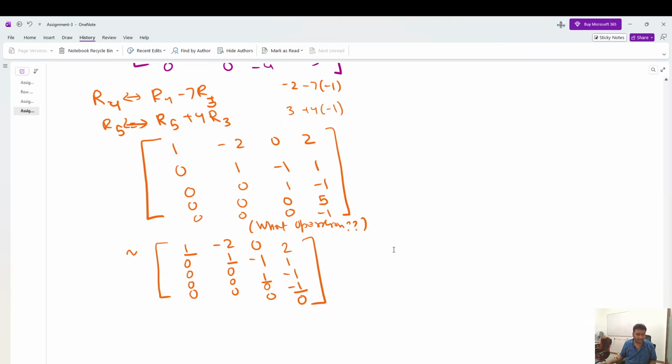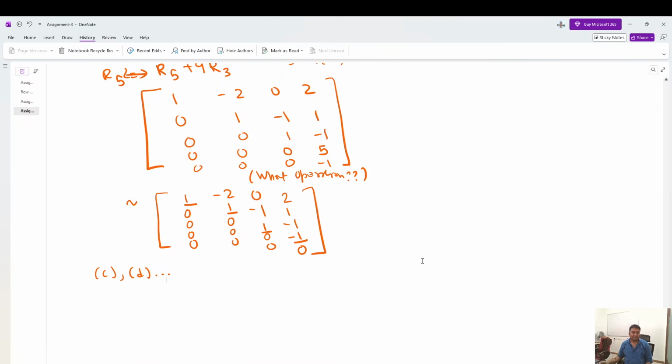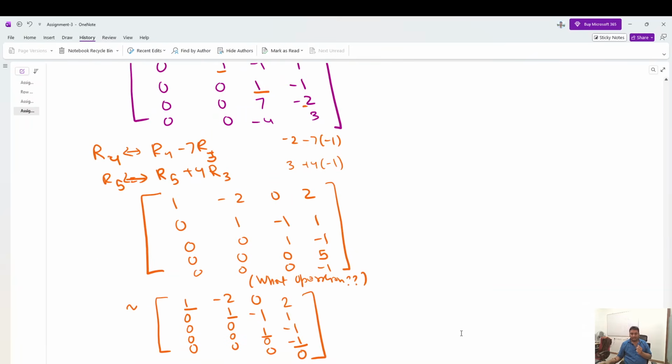So similarly, I think you can do C and D part that I will just leave as exercise because it's just, you know, calculation. I will rather focus on the next problem, which is somewhat more important.